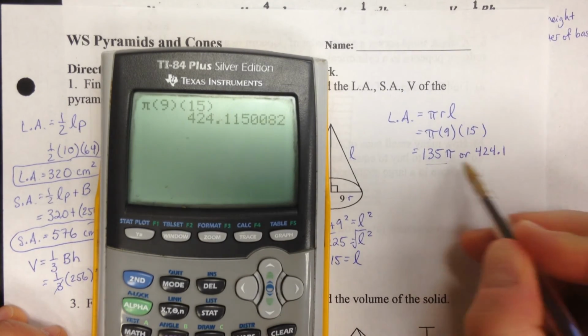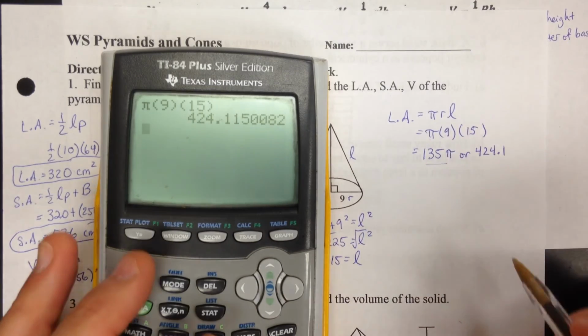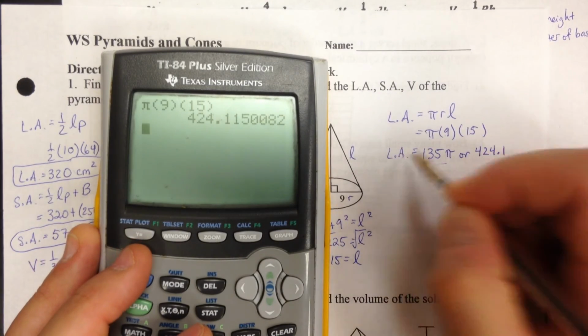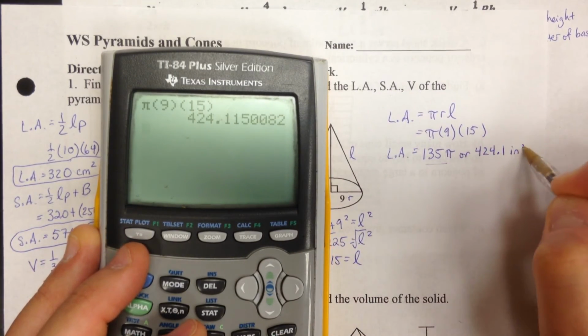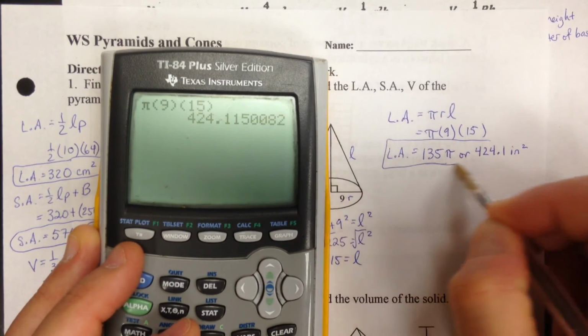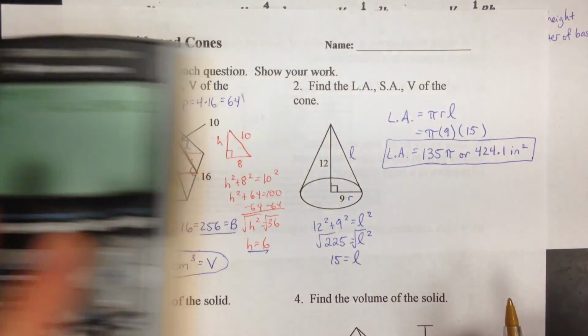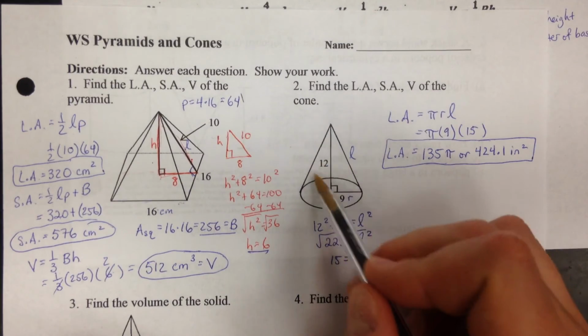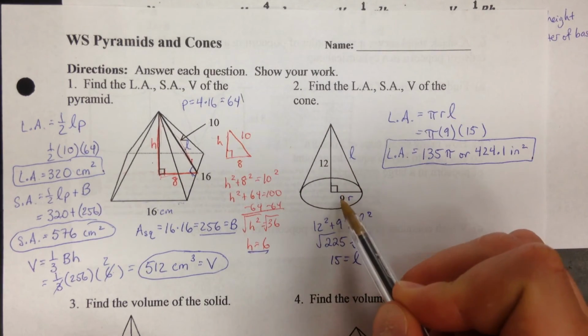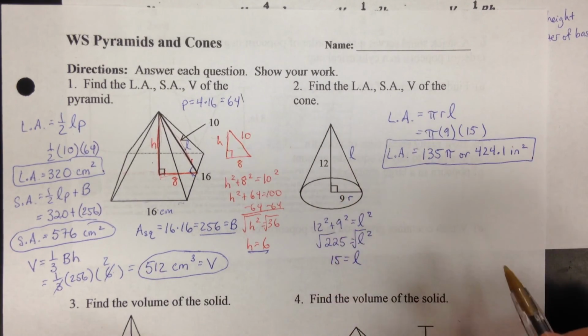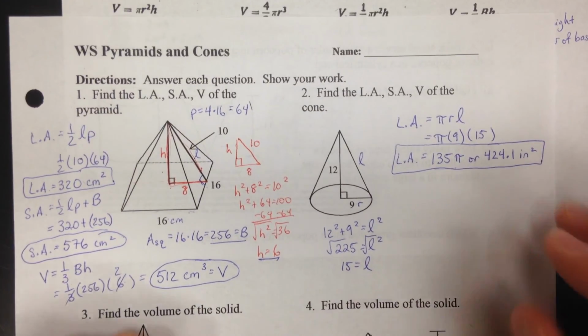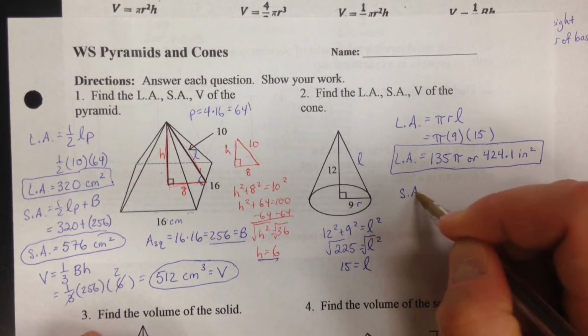This is exact, this is rounded, but they're both good. So that's your lateral area. Let's say that this is inches. Okay, so this would be inches squared because it's an area. So that's your lateral area. That's just this part of the cone here. It does not include the circle at the bottom. It's not the base.